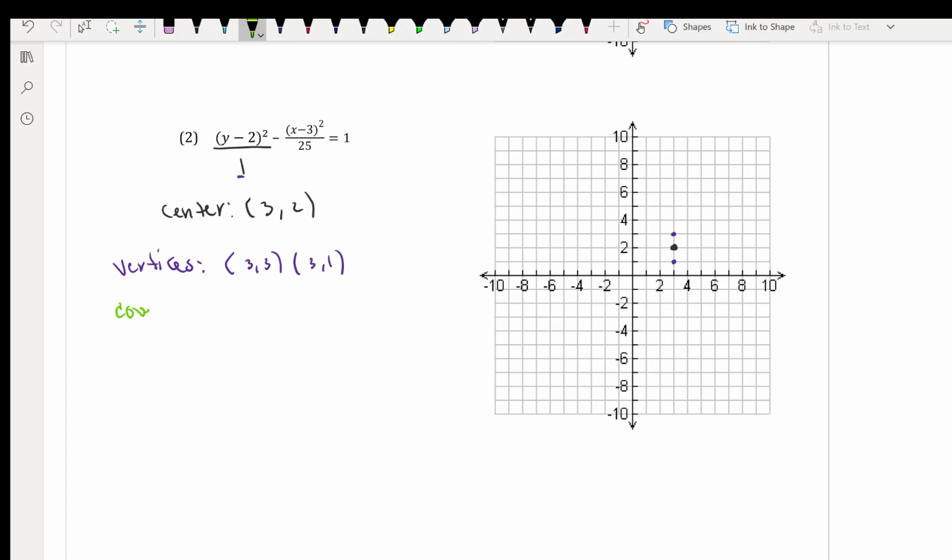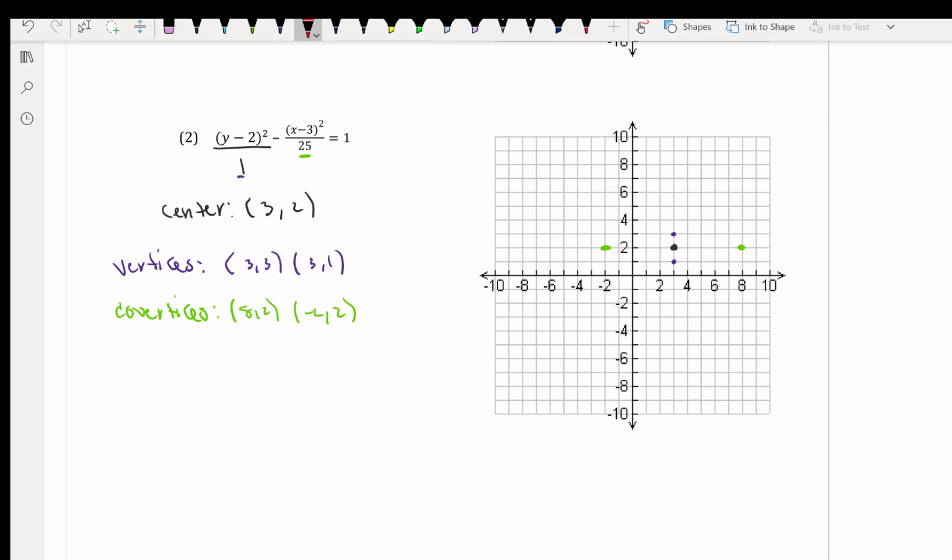So then my co-vertices, along, so this is my 25, so that's going to be 5. So from that center, I'm going to go over 5. That's going to give me the ordered pair 8, 2. Now I'm going to go to the left 5. So that ordered pair is negative 2, 2. So now I have my co-vertices.